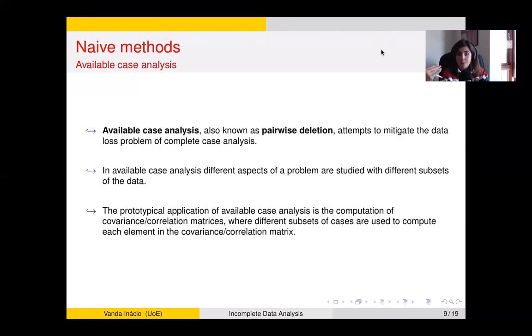Under an available case analysis approach, different aspects of a problem are studied with different subsets of the data. The typical application is in the computation of covariance and correlation matrices.